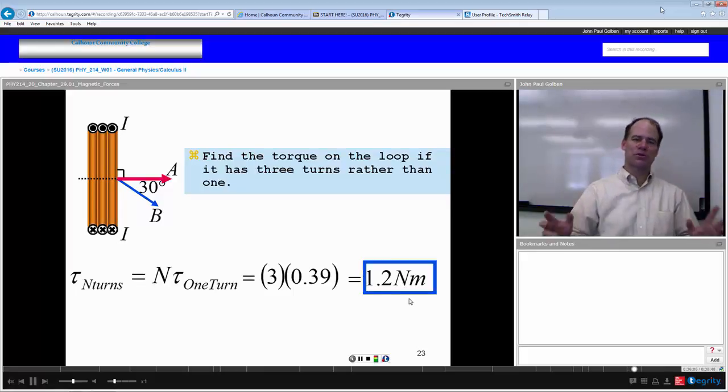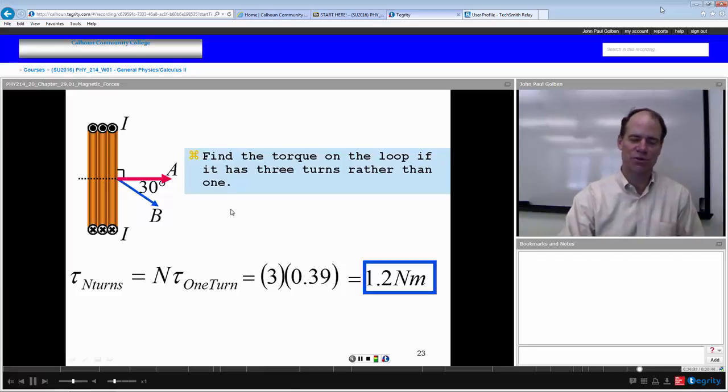So the total torque on a loop is equal to N times I times A times B times the sine of theta, NIAB sine theta. And that would be the total torque on a multi-looped coil.